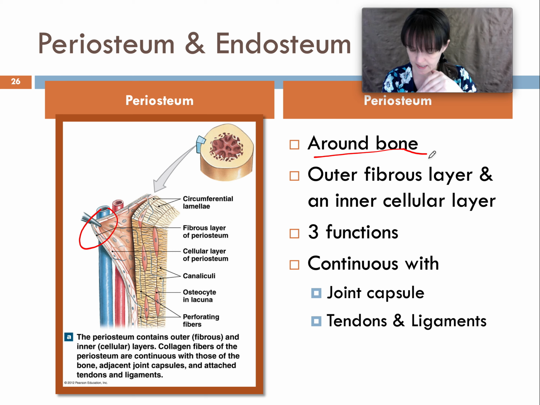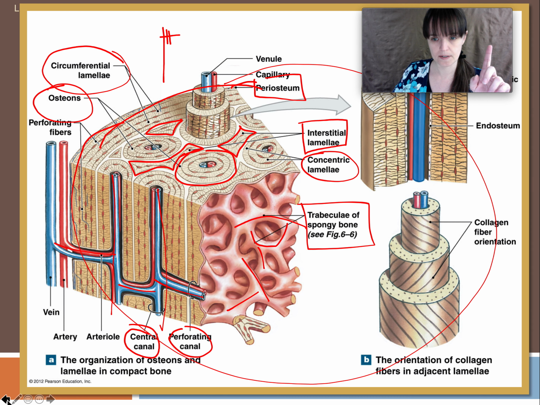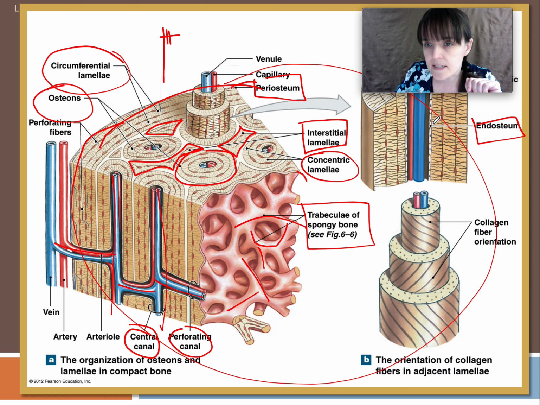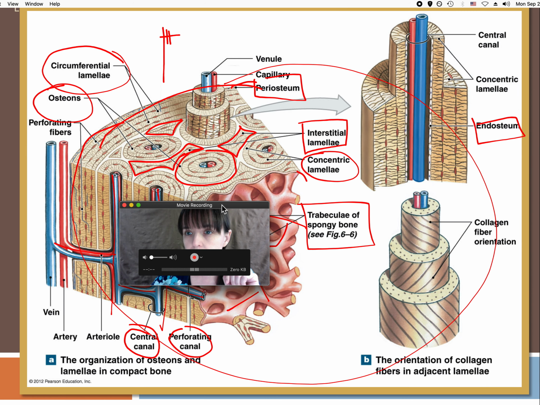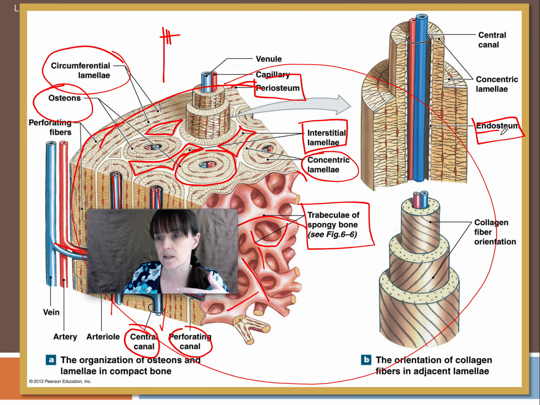Endosteum lines the marrow cavities, it lines the trabeculae. Let me go back, I'll show you. So this pink layer right here is the endosteum. It lines the inside, and here you can see it lines the insides of the central canals. Endo means within.